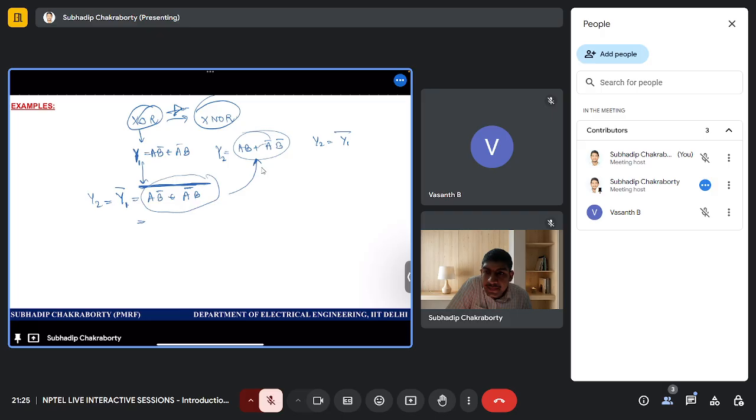Can you do it? So first let us use De Morgan's theorem to break this and then into product form. I broke the inversion into two terms, so the plus got replaced by dot. Now if I again break it, the dot gets replaced by plus, and it is a product.